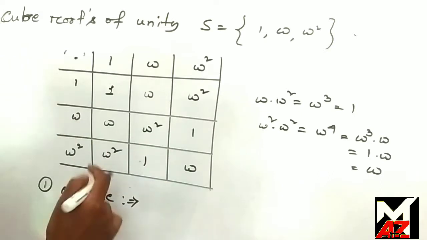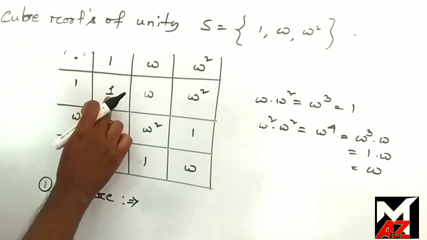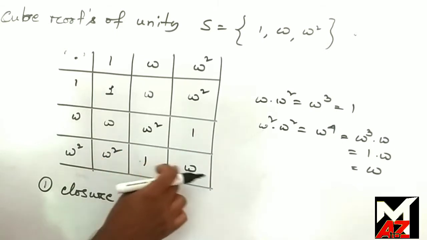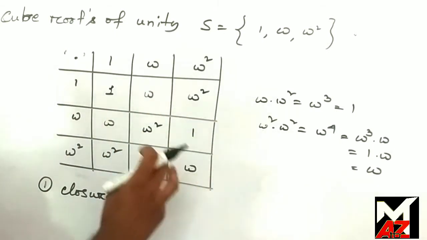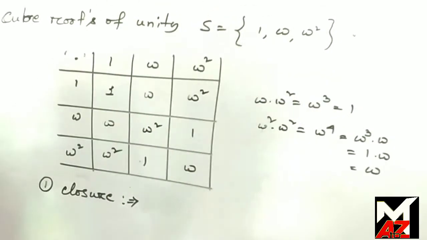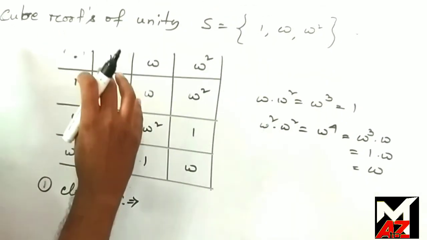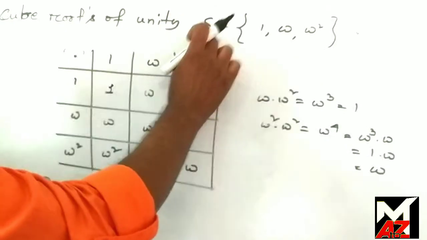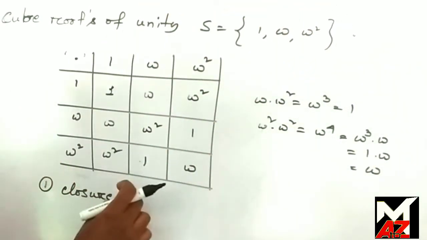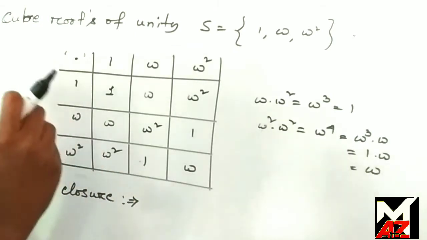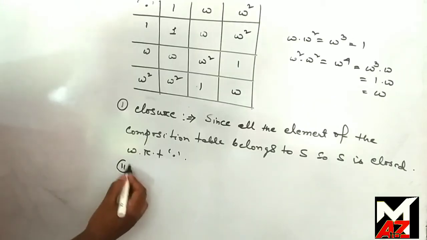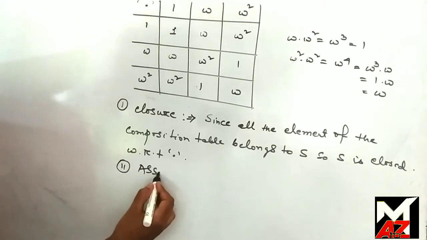Here we see that all the 9 elements of the composition table belong to the set S. So the set S together with usual multiplication is closed. So the first property, closure, holds. And the second property is associativity.